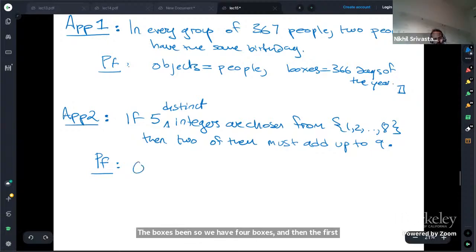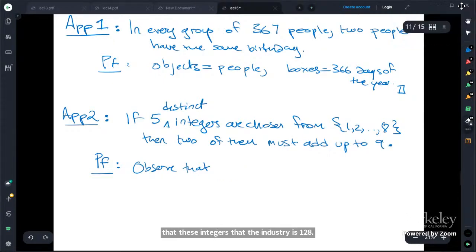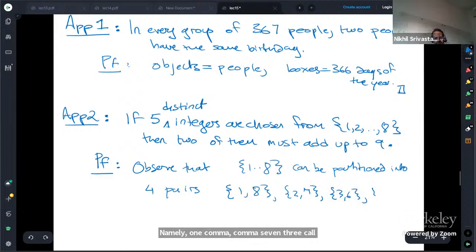Exactly. So observe that the integers 1 through 8 can be partitioned into 4 pairs, namely 1 and 8, 2 and 7, 3 and 6, and 4 and 5. These are 4 disjoint pairs, right?